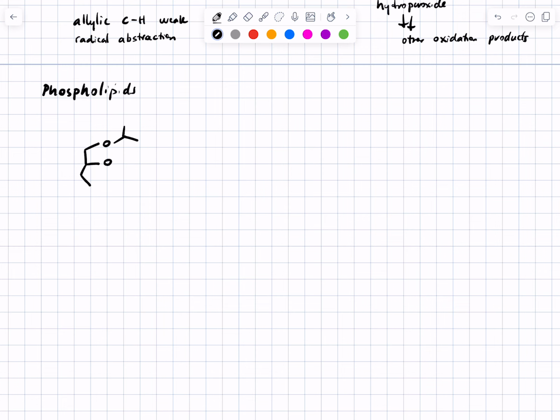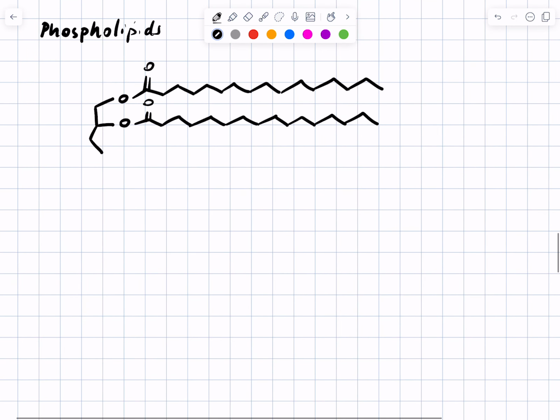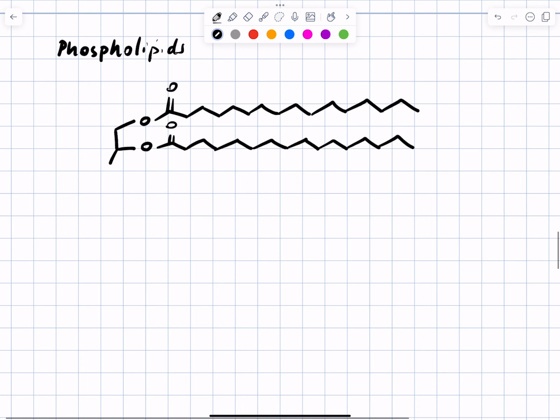So I'm just going to draw a generic 16 carbon saturated 2, 4, 6, 8, 10, 12, 14, 16 hydrocarbon chain. We'll do 2 of them. Of course, they might not both be 16 carbons. They might not both be the same number of carbons. They might not both be saturated versus unsaturated, but there are 2 nonpolar tails.